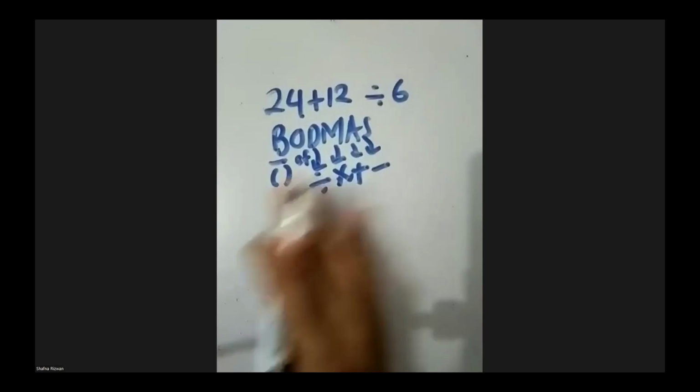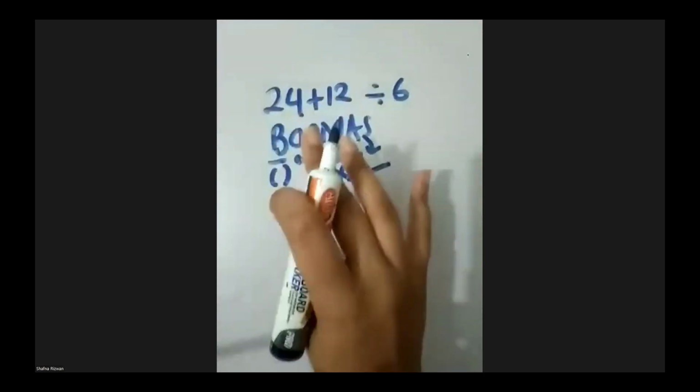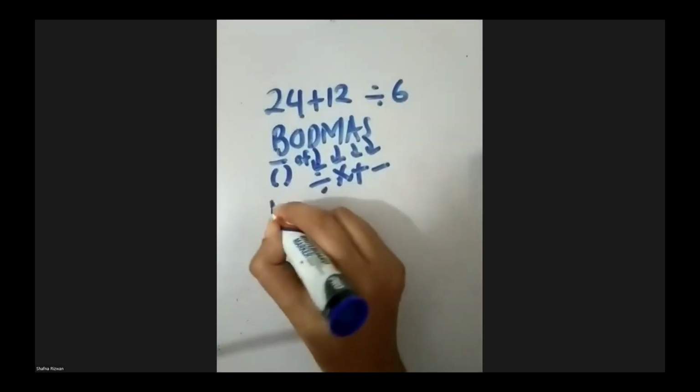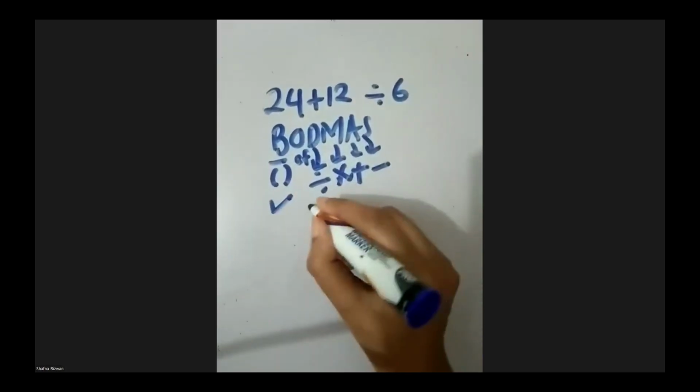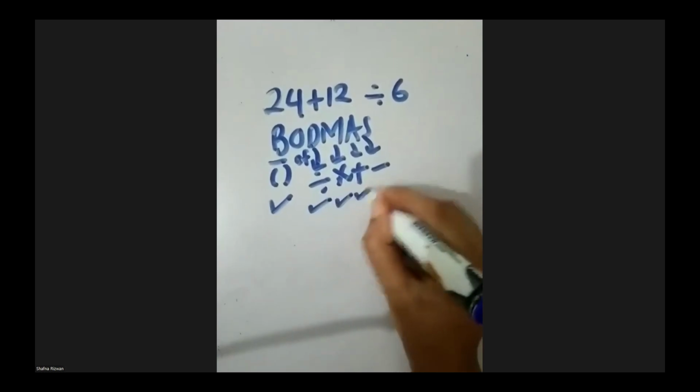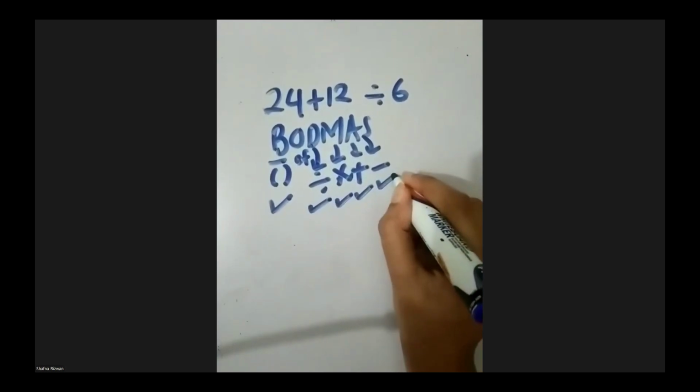Whenever they give you a calculation like this, you have to follow this order. First of all, do the brackets. Second, do the division, then multiplication, then addition, and then subtraction.